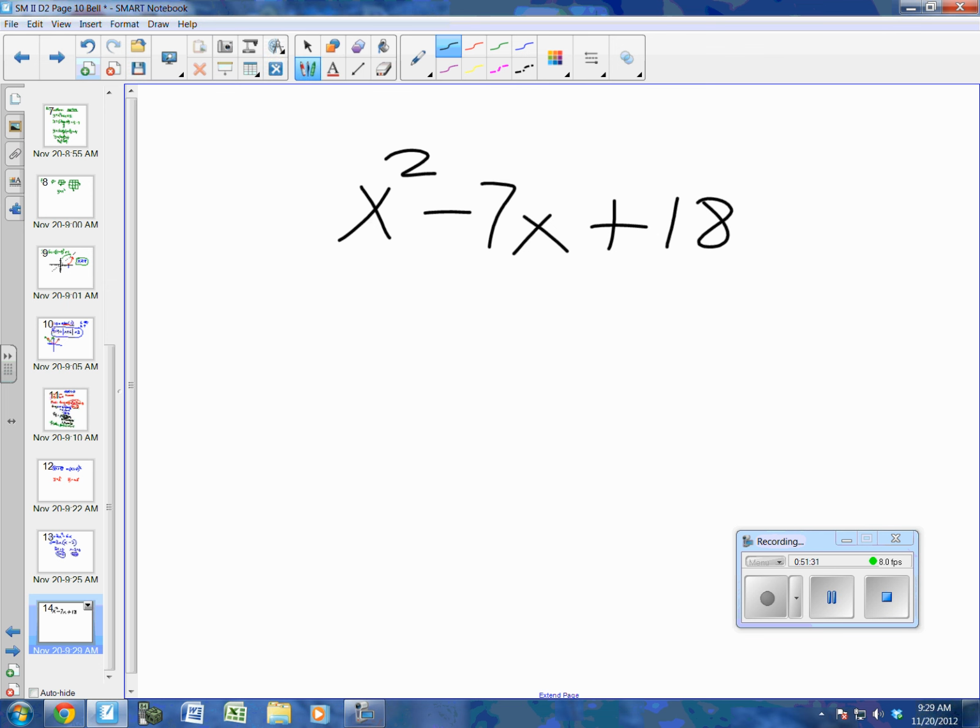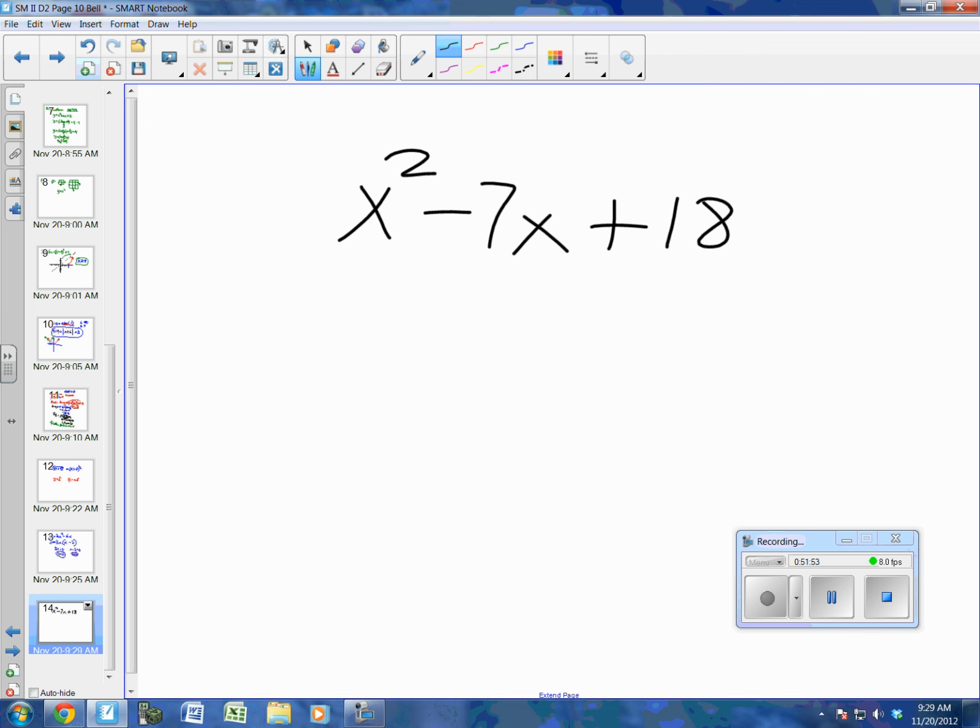Could you write that in factored form? Wait, let me see again. What two numbers can you times together and get 18 and add together?